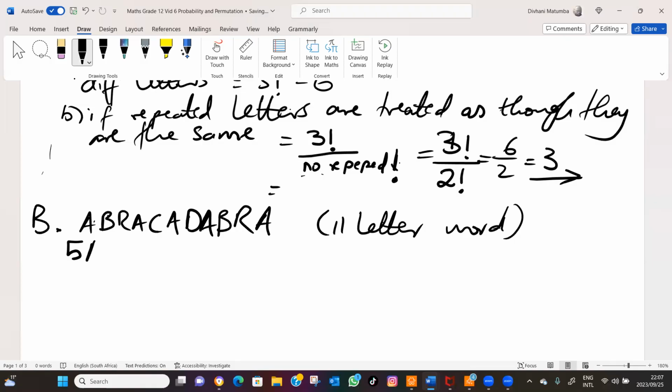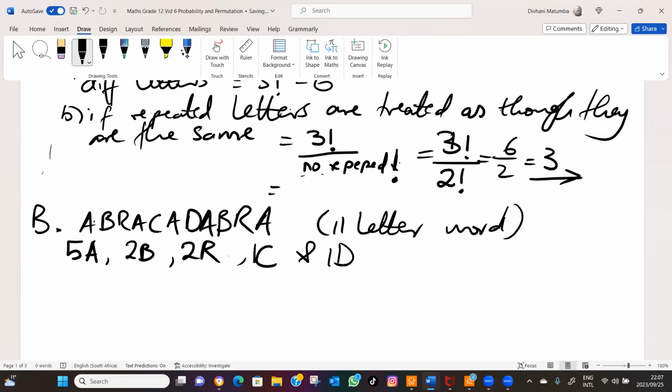We have 5 A's, 2 B's, 2 R's, 1 C and 1 D.